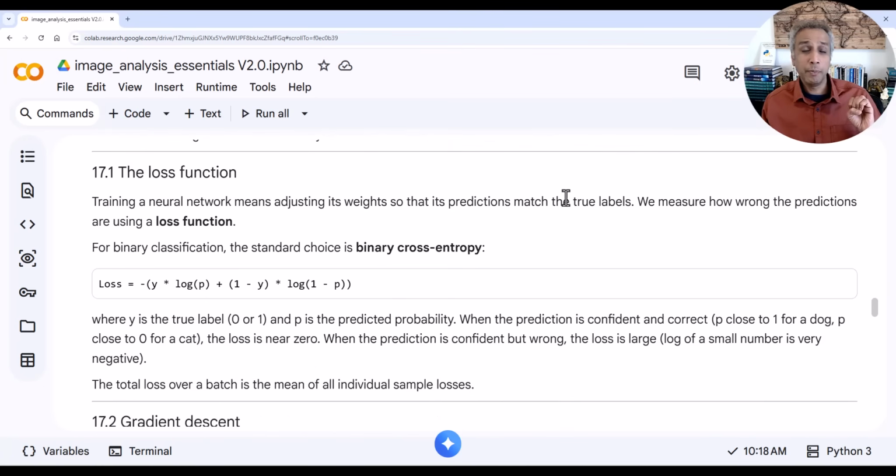Loss function should not be new to you. Loss is not just with neural networks. For example, when you do linear regression, you're trying to minimize your mean squared error between your predicted and the actual values. And once it's trained, you have a nice linear regression formula.